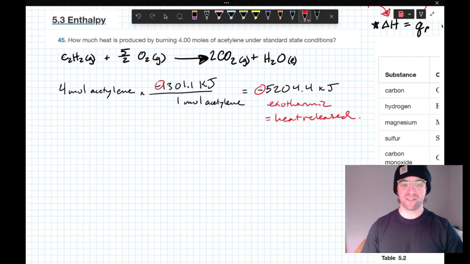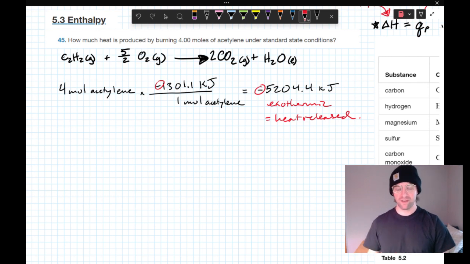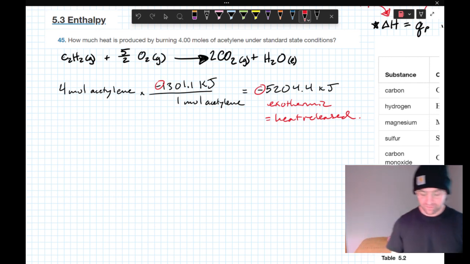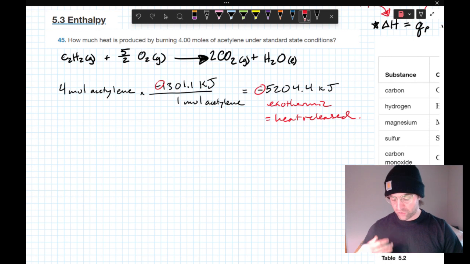The reason that the answer key gives a positive value is because of the wording of the question, how much heat is produced by burning 4 moles? So you can write it as an absolute value. The combustion releases 5,204.4 kilojoules. That release is communicated through that negative sign. So just be careful with that.